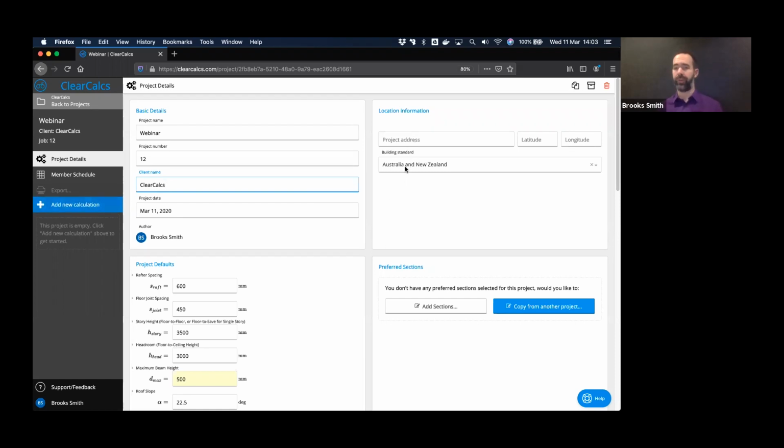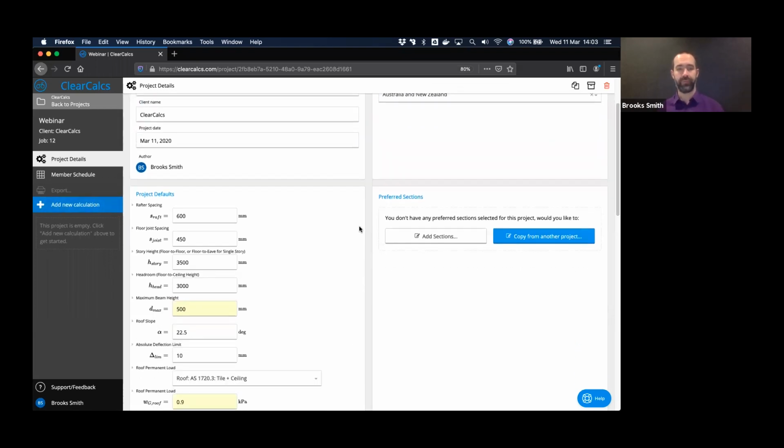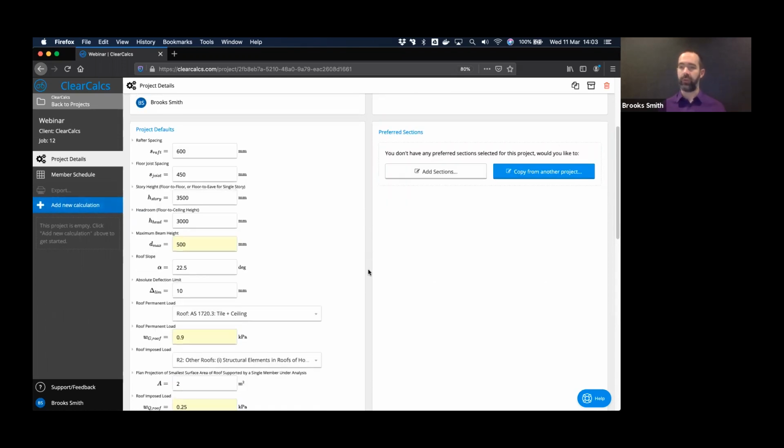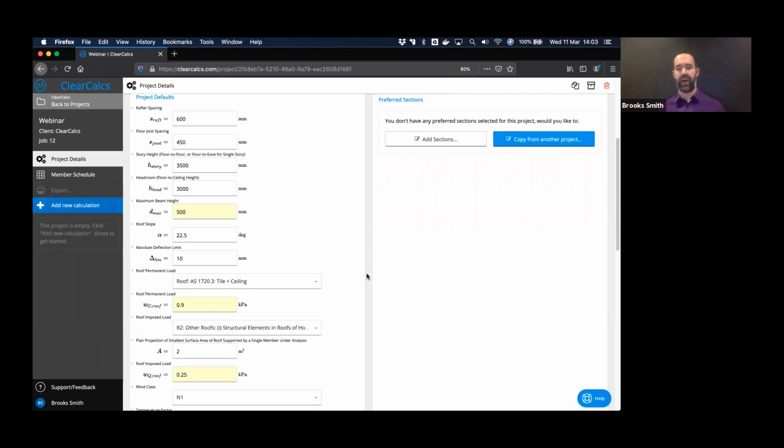We do support building standards from the US, Canada, and Europe as well, but obviously we're designing to Australia here. We can set some of the global options for the structure we're designing for in the project defaults. So the rafter or truss spacing we said was 600 millimeters.